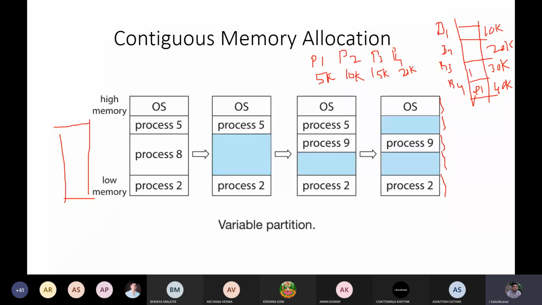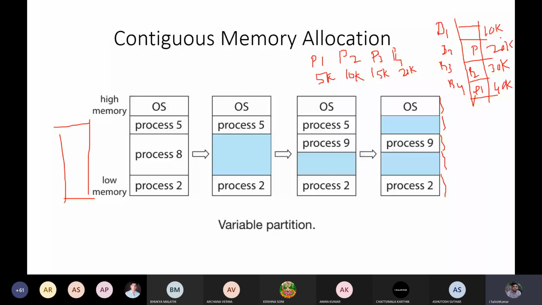Let us say that P2 is going to block 3. Now, P3 cannot go in block 1 because P3, in order to finish, needs 15 kilobytes, but block 1 has only 10 kilobytes. You cannot put it in this block. You have to keep it in block 2, right? P3 will go into block 2.